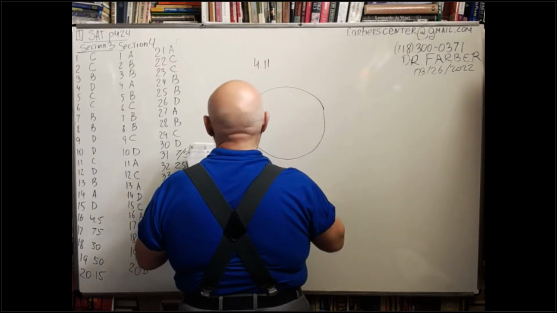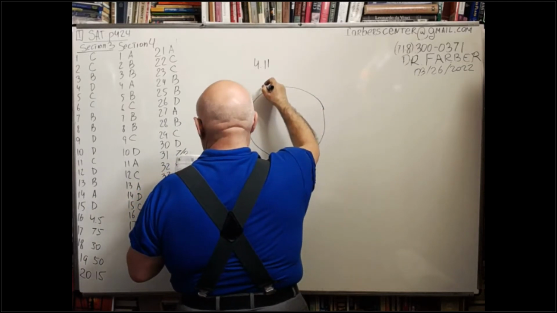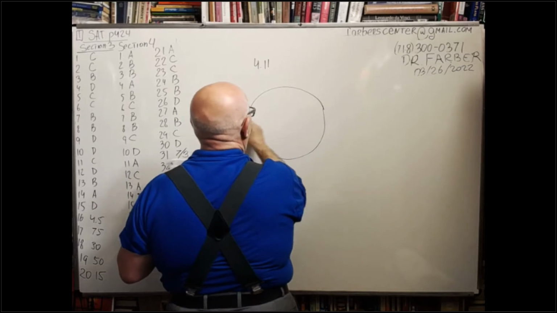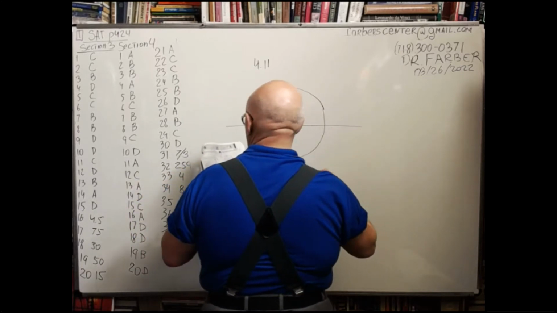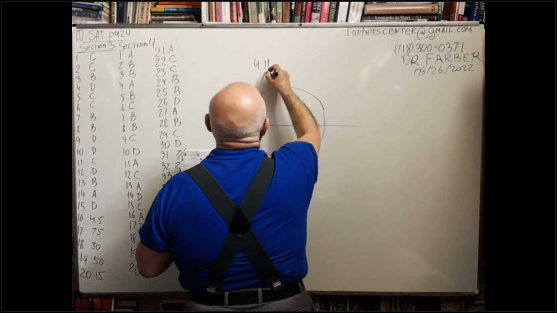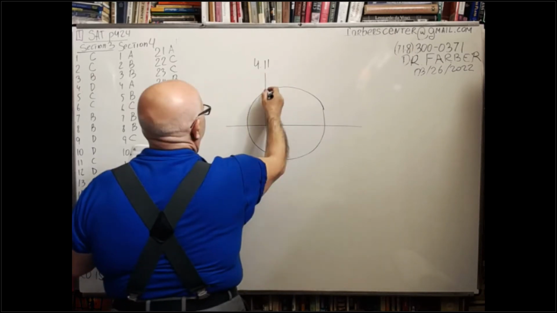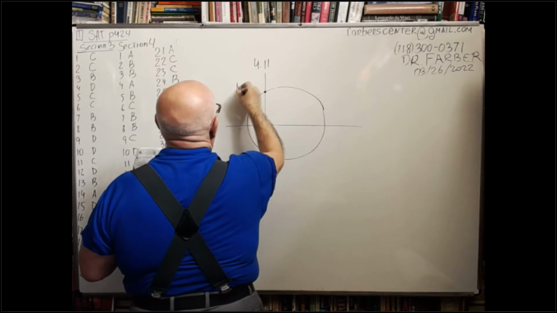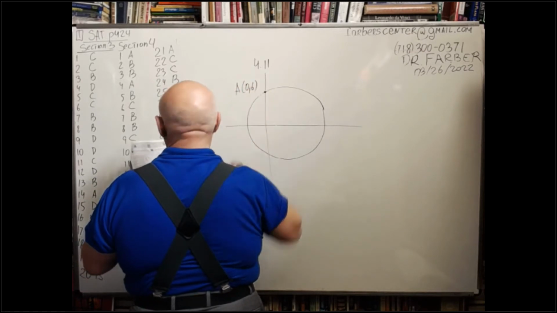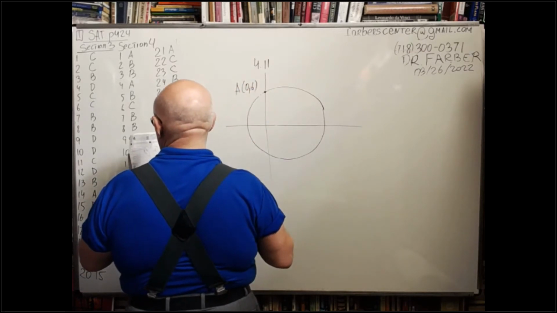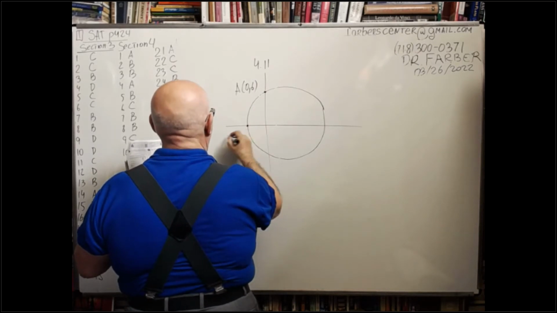Pretend we have a circle, and we make these two symmetrical. And this is 0, 6. This is negative K, 0.